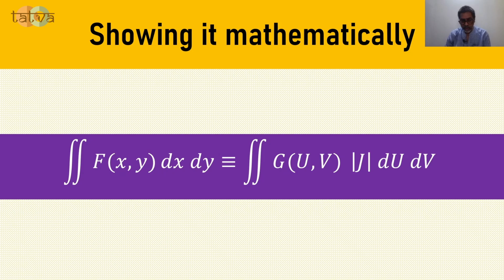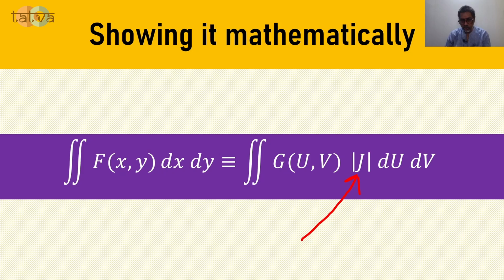So the area element dx dy is transformed to mod J times du dv in the transformed space. Obviously this means that a change of variables should also be accompanied by fixing limits for the variables u and v. So the double integral of f of x y dx dy will be the same as the double integral of g of u v times mod J du dv. So that is a Jacobian.